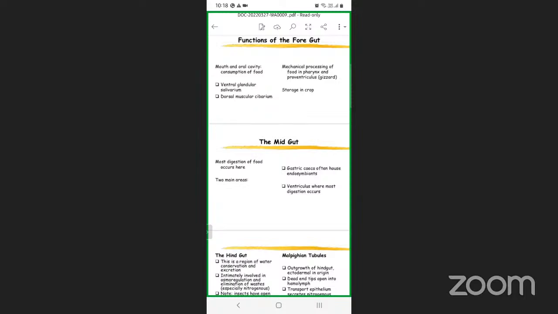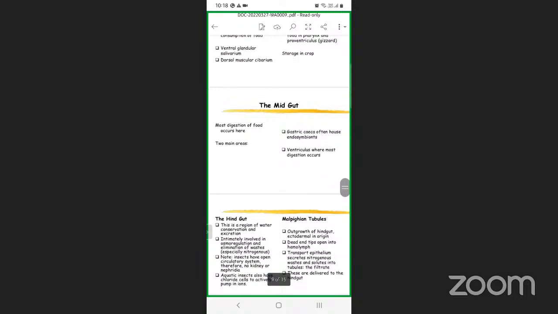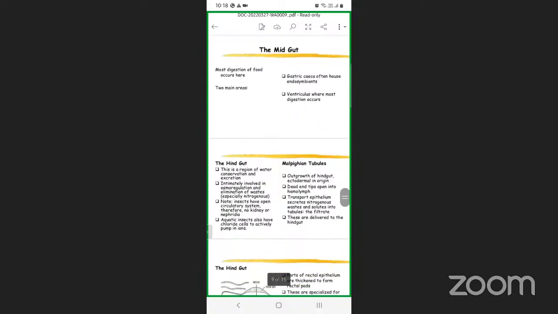The hindgut is a major region of recycling, a region of water conservation and excretion, intimately involved in osmoregulation and in the elimination of waste, especially nitrogenous waste. Insects have an open circulatory system.